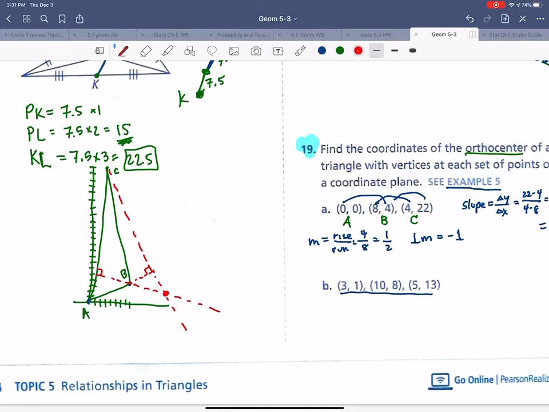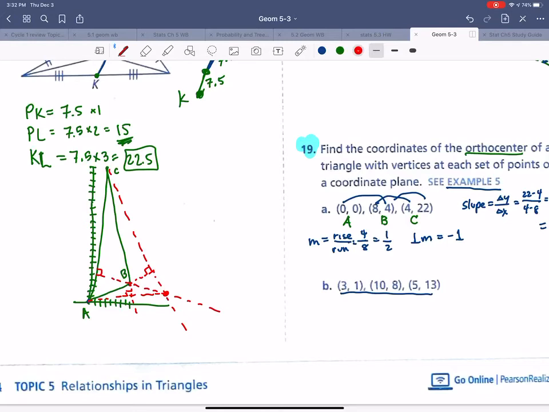Let me see my last one here. Yeah, okay. If I extend, this looks about right, and yep, that would extend there.